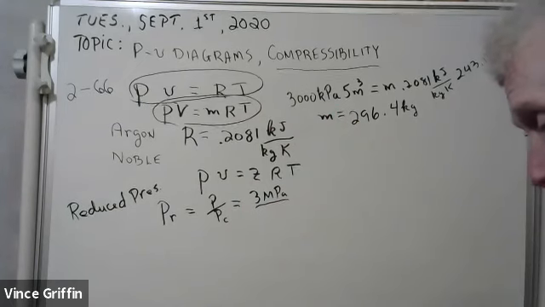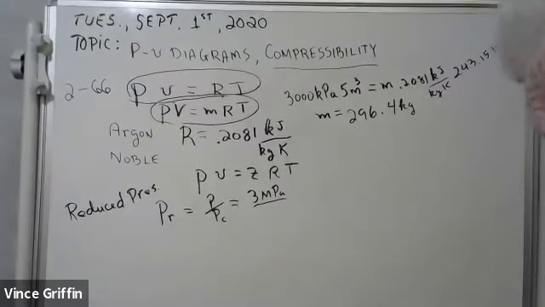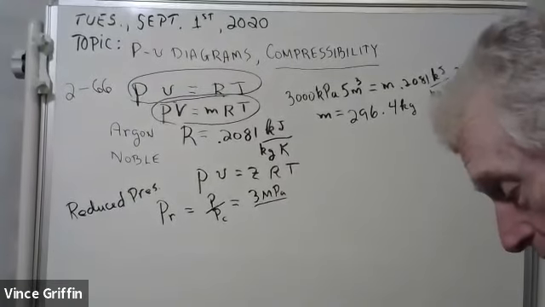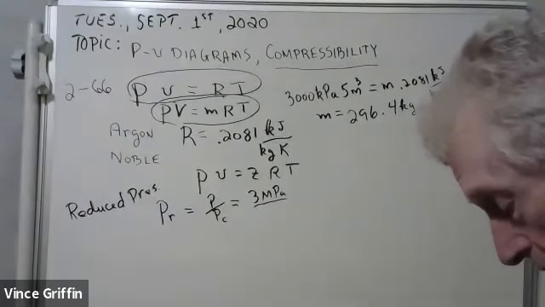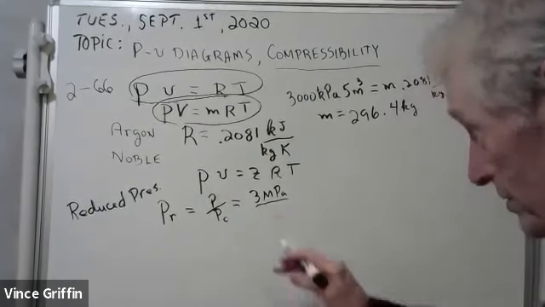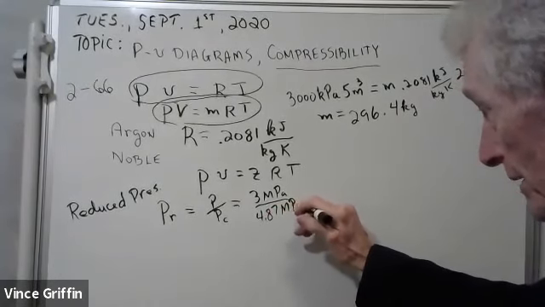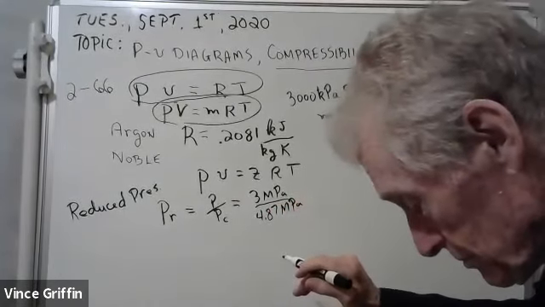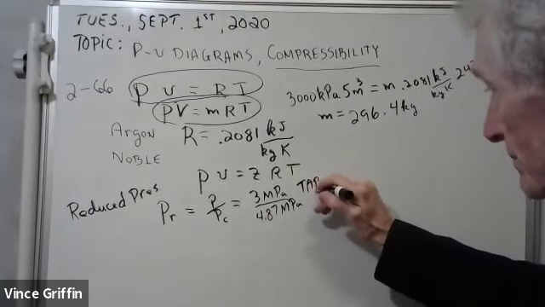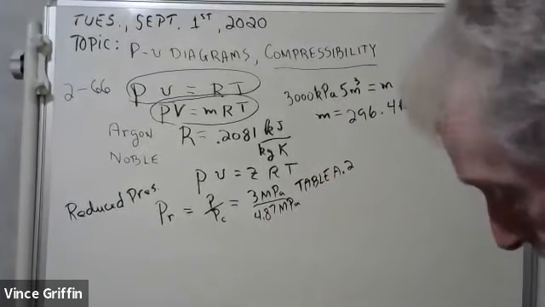The critical pressure for argon at the top of the vapor dome is 4.87 megapascals. That's on table A.2, where you'll see it for argon.